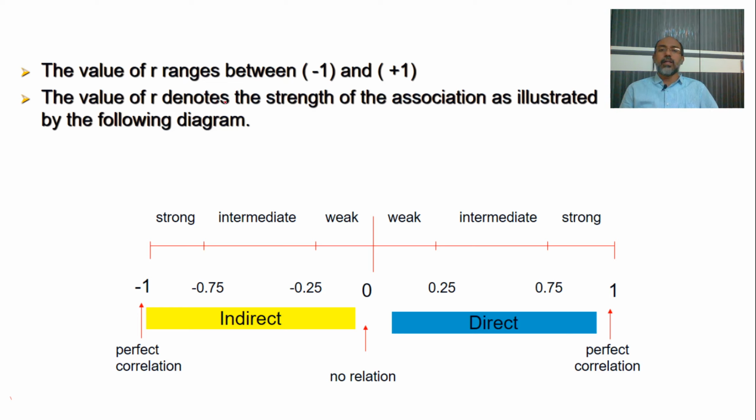The value of R denotes the strength of the association as illustrated by the following diagram, so it is expressed diagrammatically.